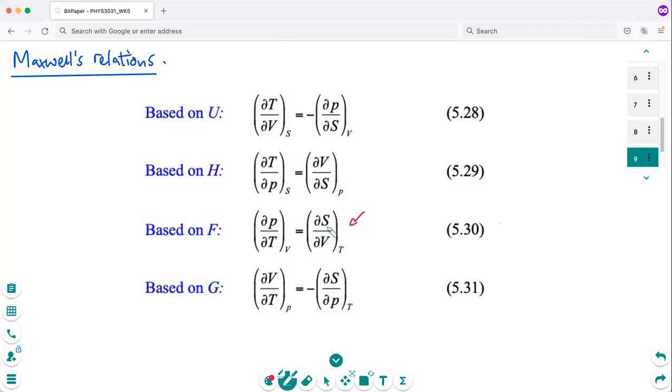It allows you to relate something which is harder to measure to something that you can readily measure. Particularly anything involving entropy will be difficult. Out of 4 variables, entropy always shows up on one side, and the other side will be something that is easier to imagine and more readily measured in the lab.